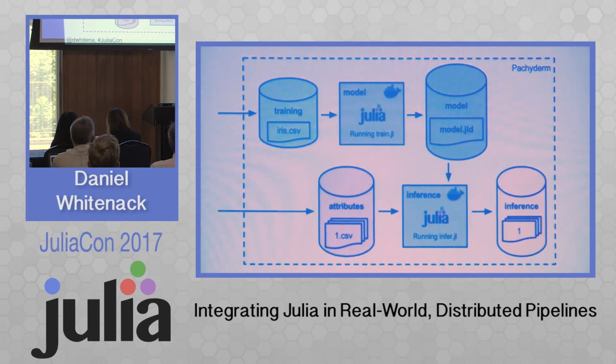So as I'll show in a minute, basically Pachyderm is an application that's running in your cluster. And when you say, create this model pipeline stage and process my training data, as soon as there's new data in training, it says, this data in training hasn't been processed yet. I'm going to shim that into my running model container. It's going to be processed and then output. So it's this shimming functionality, but the interface is very similar. Like before, when I showed the train.jl, there was no use of Pachyderm in it.